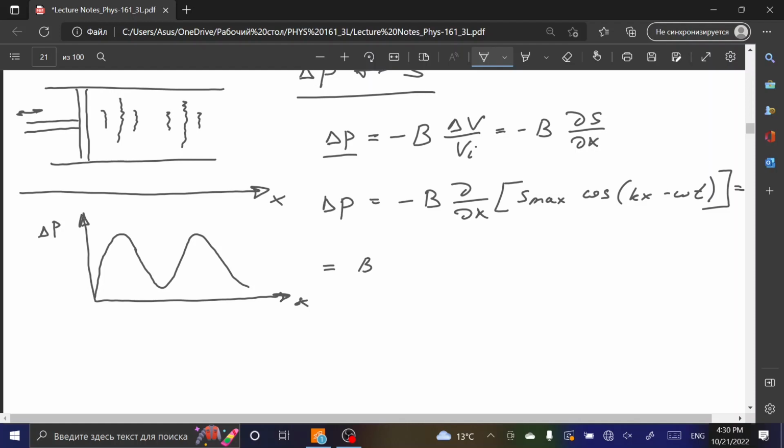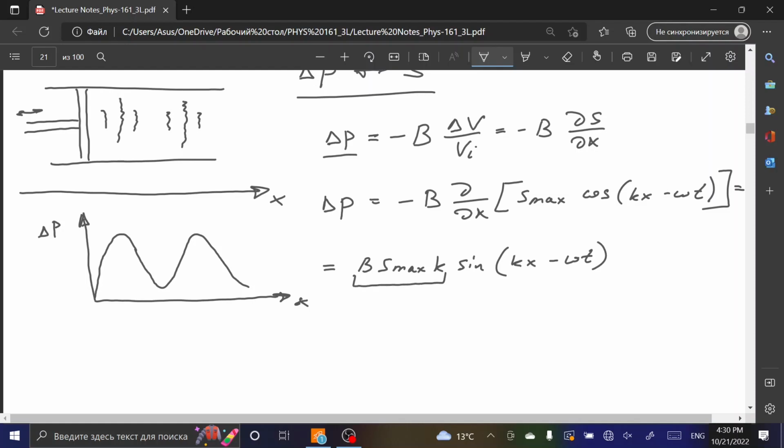It will be B times S maximum times k, and here will be sine of (kx minus omega t). So that is our result.